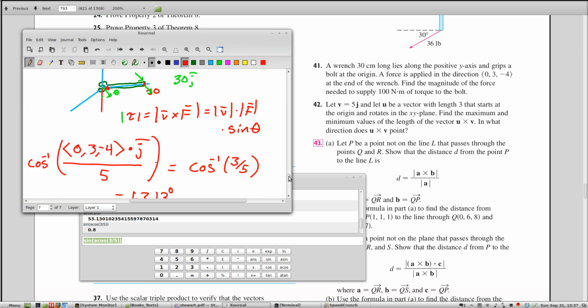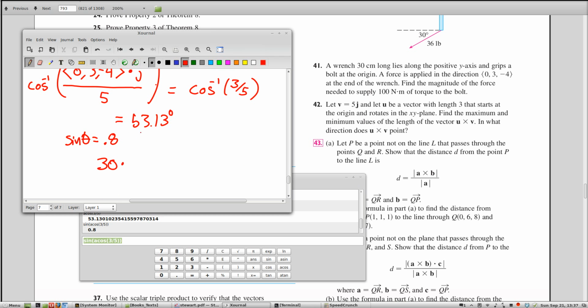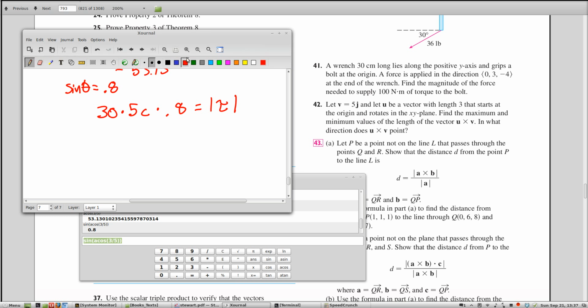So the magnitude of the wrench times the magnitude of the force, which is 5c, times 0.8 is equal to the magnitude of the torque. And now they're telling us that they want the magnitude of the torque to be equal to 100 Newton meters.